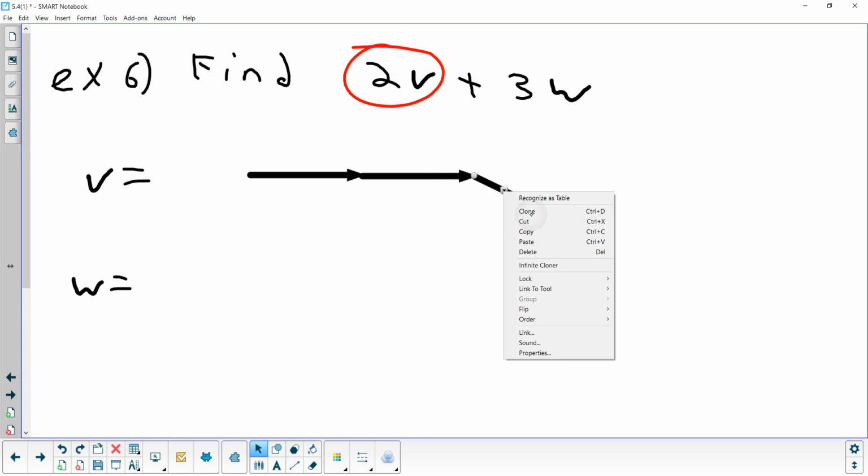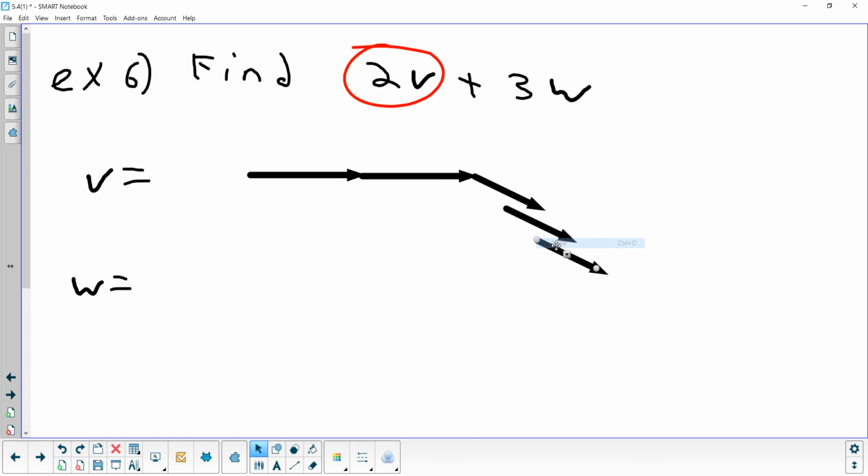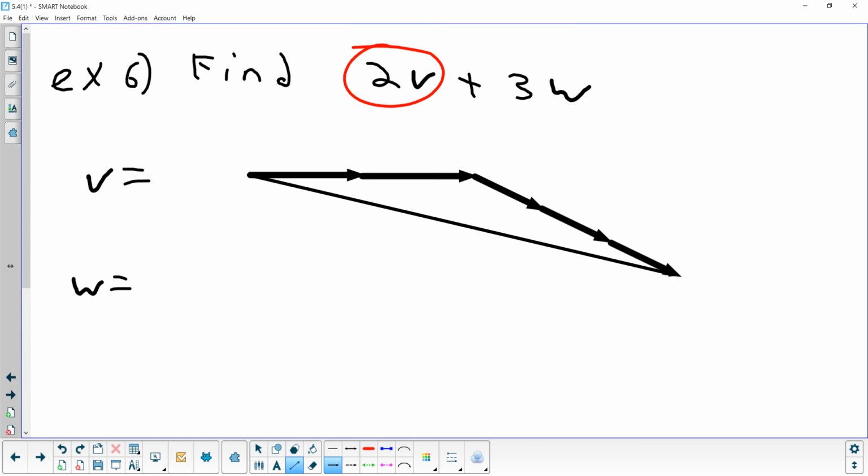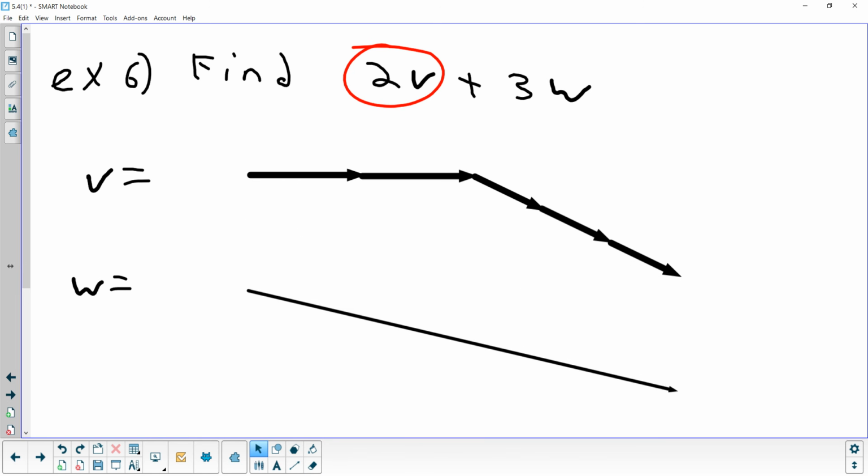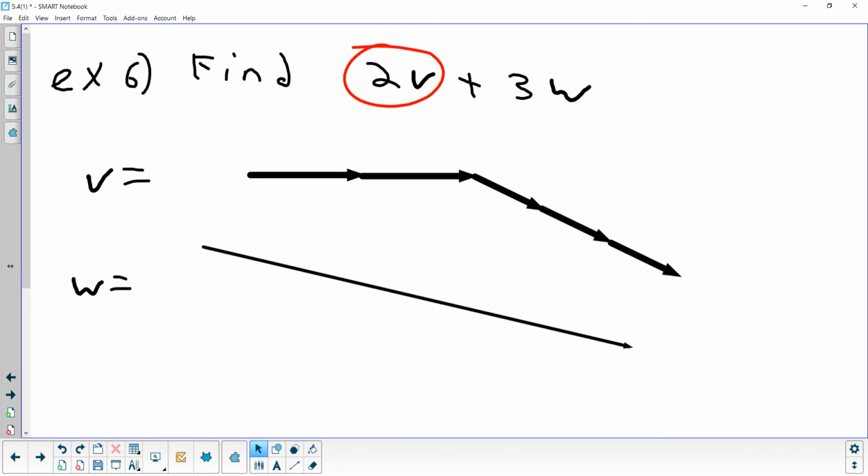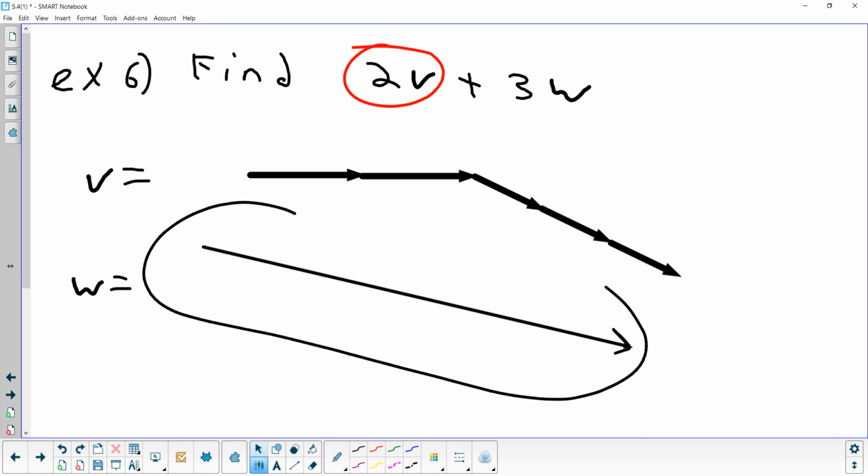Okay, so there's 1, 2, and 3. And plenty of space. And now connect where you started to where the path of the arrow stops. And that is 2V plus 3W. Try to make the arrow big enough so you can see it clearly. Any questions on that?